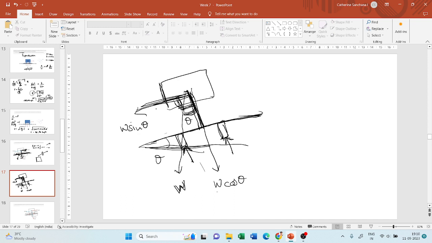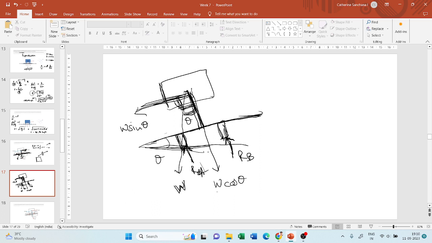RA and RB will be acting in this W cos theta direction only, because it is a resisting force, so it will be acting exactly opposite to where the vehicle wheels are. Since the vehicle wheels exert a slanting kind of force, this will also offer a force which is exactly opposite to it, like the weight is balanced.